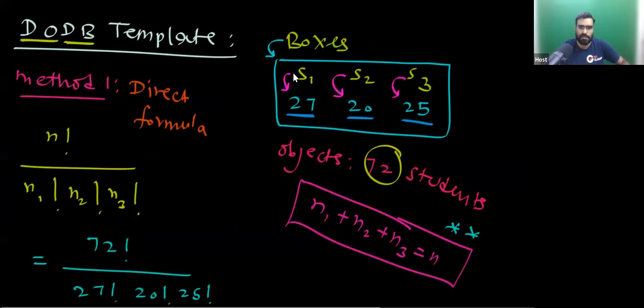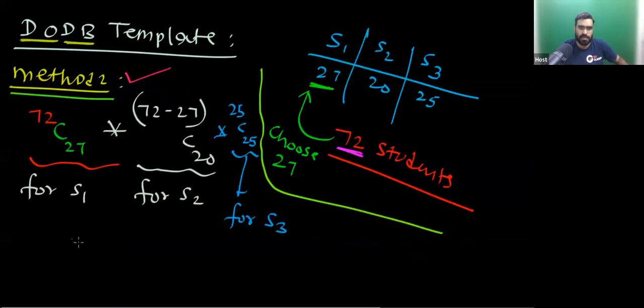Okay, so let's see. Now you can easily notice this will give you the same answer. If you solve this, it is 72 C 27 multiplied by what is this value? 72 minus 27. What is that? 45. From 45, you choose 20. Multiplied by, and this is already 1.